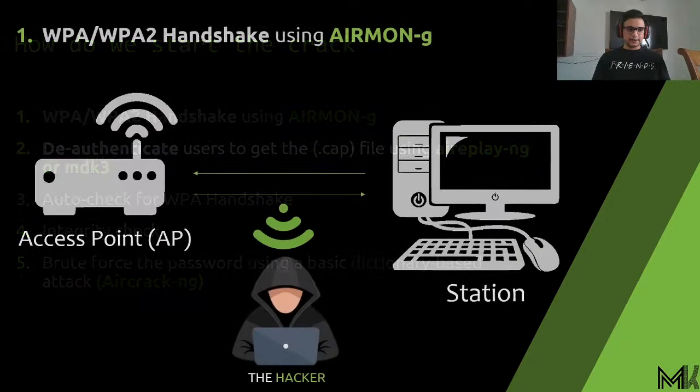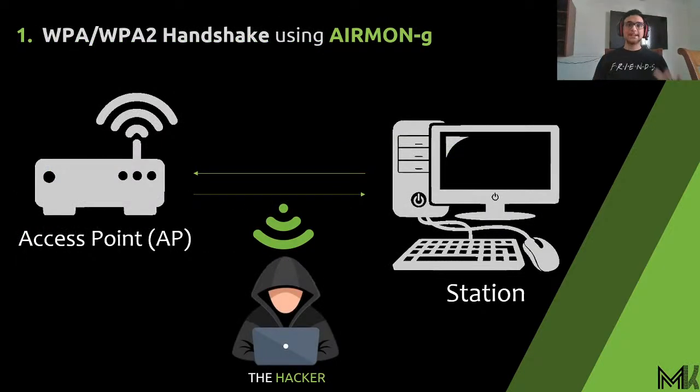Deauthentication is when the hacker sends deauthenticating packets to the target access point, and the access point sends those deauthenticating packets to the target devices. Deauthentication is basically just kicking people off the network, right? So when you're using a phone and theoretically you get the deauthentication packets, you just get kicked out of the network.